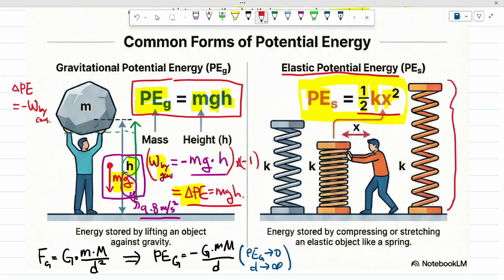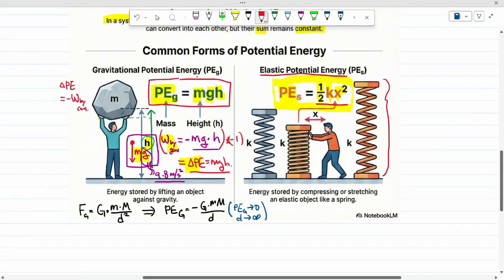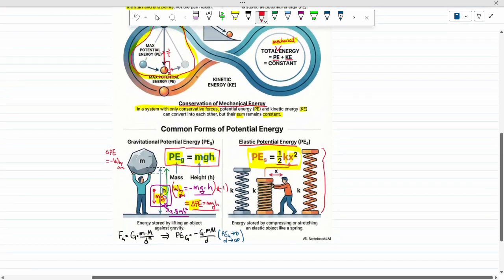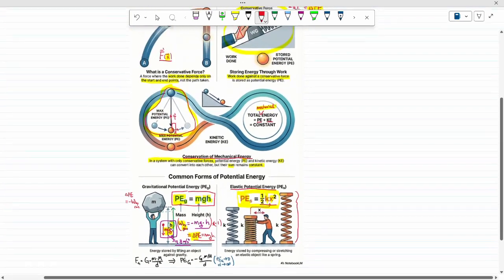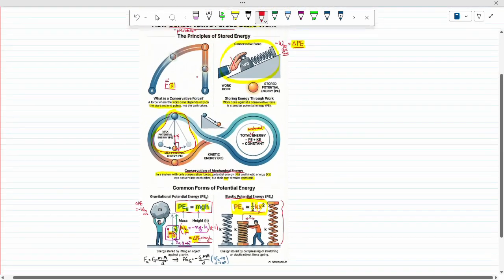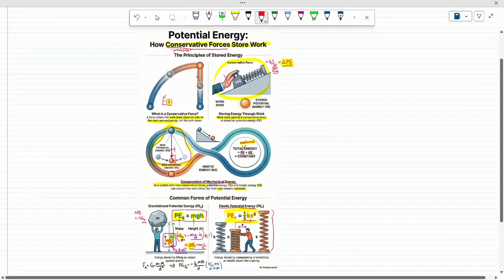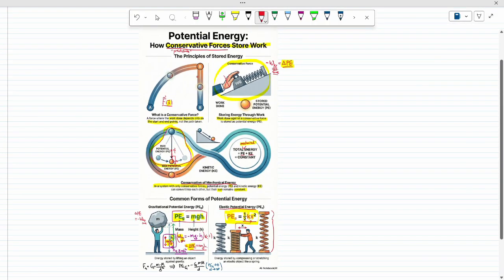So those are the two common forms of potential energy, and when we get to electricity and magnetism, you will see additional conservative forces, so additional potential energy forms that we probably won't spend a whole lot of time on. So yeah, this is the discussion of conservative force, potential energy, and two specific examples of potential energy that you will see a little bit as you work through homework questions.